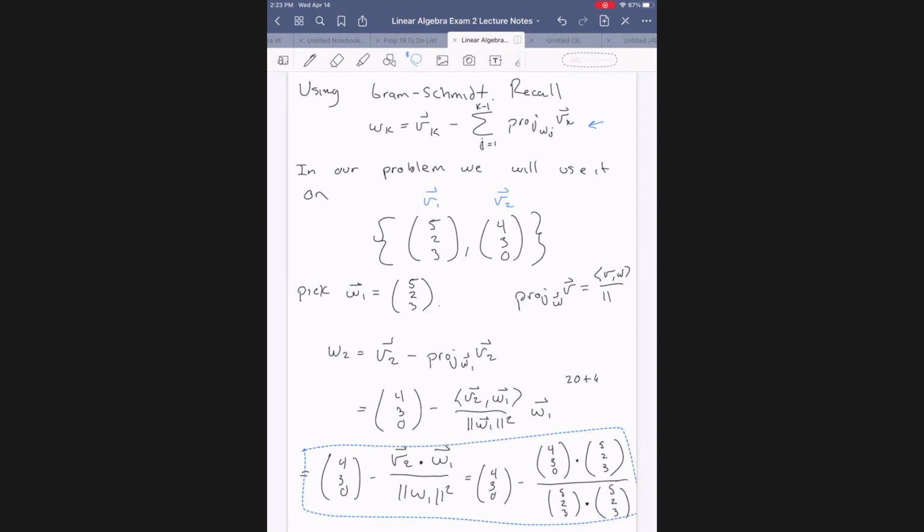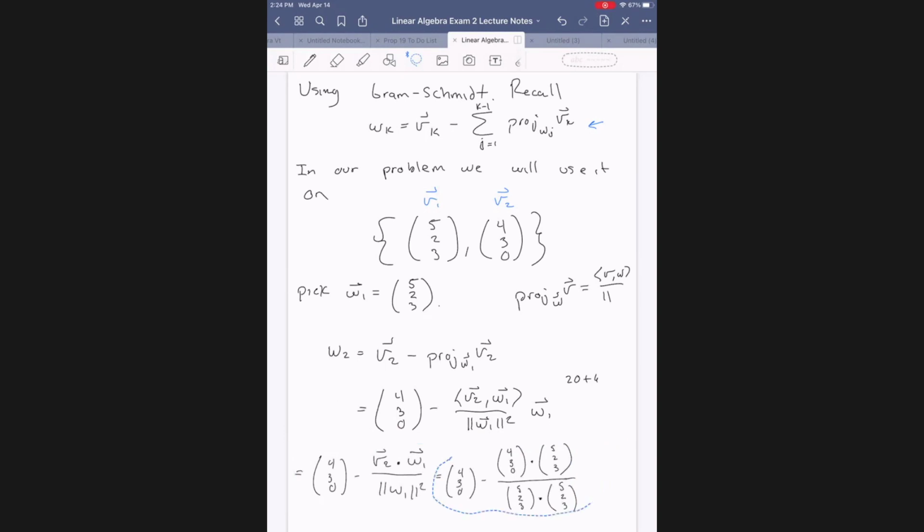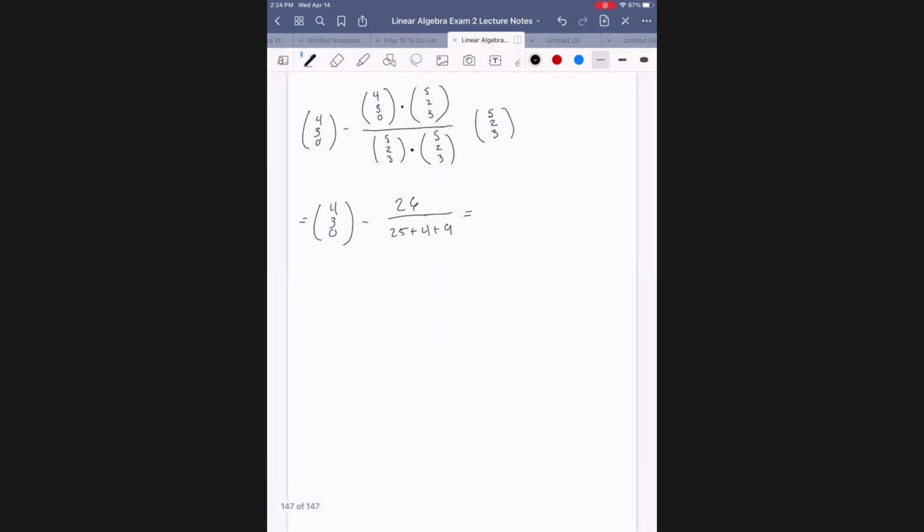Let me make this small. This is always the annoying part, doing this. So what is this going to equal? It's going to be 430 minus 26 over 38 times 523, right?